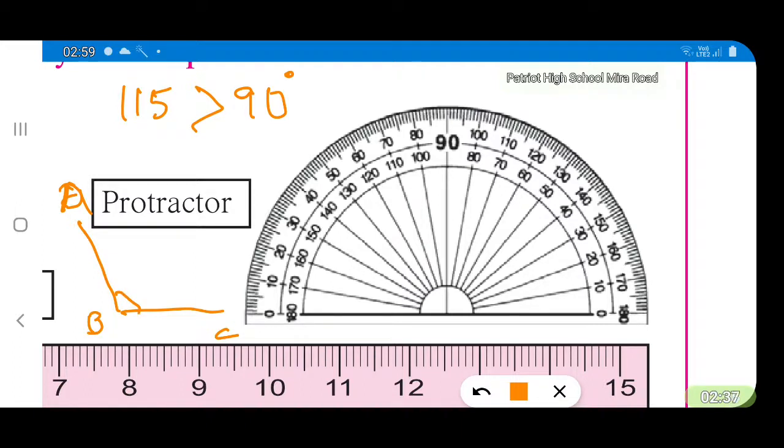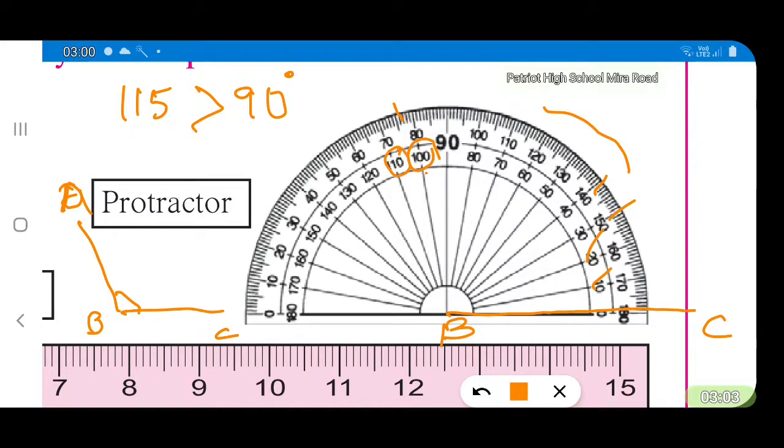Now suppose you have already drawn BC and placed the protractor on it. So for 115 degrees, 10, 20, 30, 40, like that you go on till you get 90, 100, and this is your 100, and 110 is here.